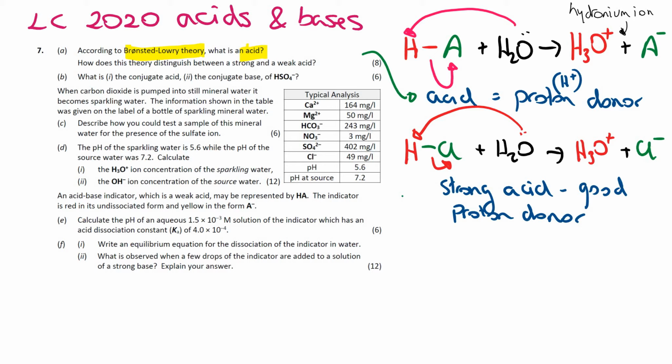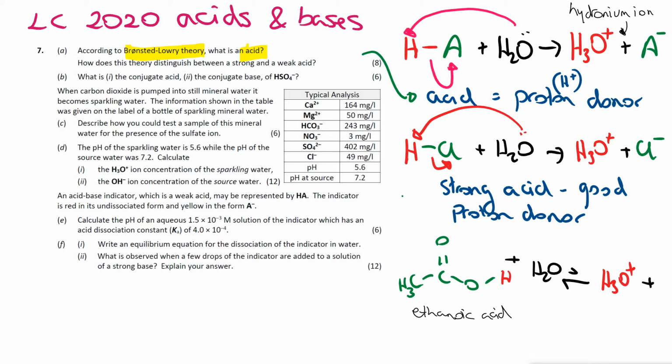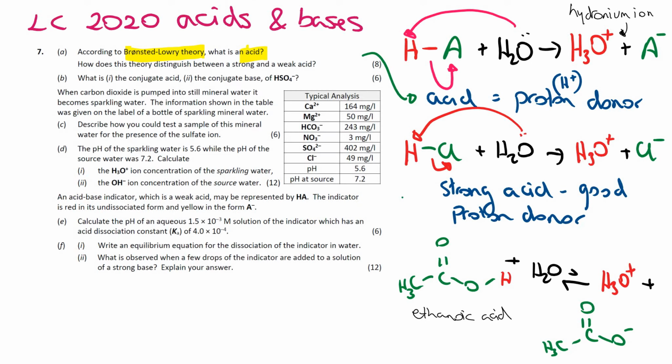We do have an example where you've got CH3COOH, which is just ethanoic acid. If that molecule is introduced to water, you form H3O plus and the ethanoate ion.